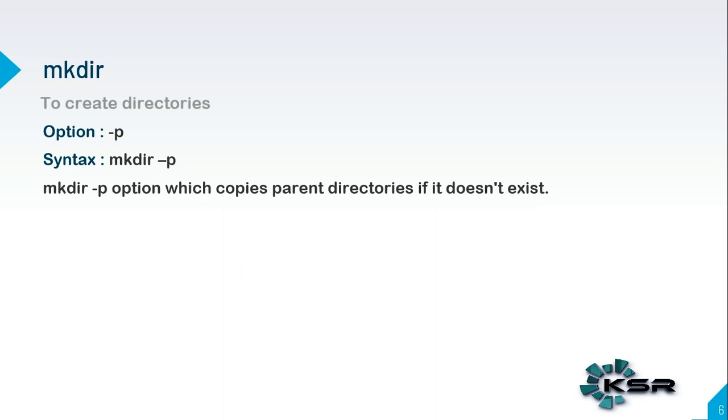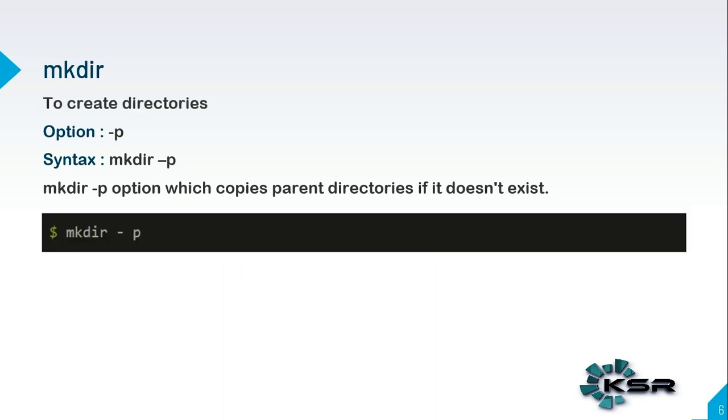So with the hyphen p option, it will create the complete directory with the subfolders and the parent folder. If you want to create everything in one shot, use the hyphen p option with mkdir.